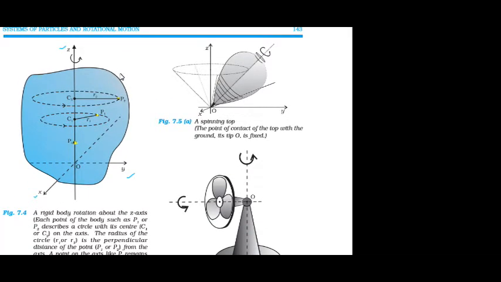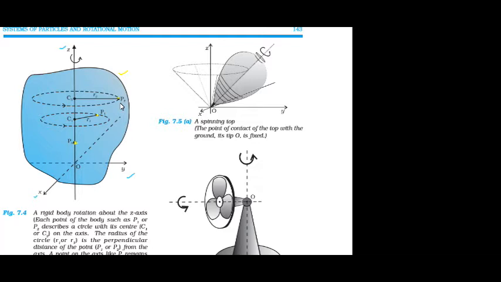So this is a rigid body. First of all, this is a rigid body. Now what happens? There are 3 points. Arbitrarily, at random, we have taken 3 points, P1, P2 and P3. P1 lies at a distance r1 from its center C1.